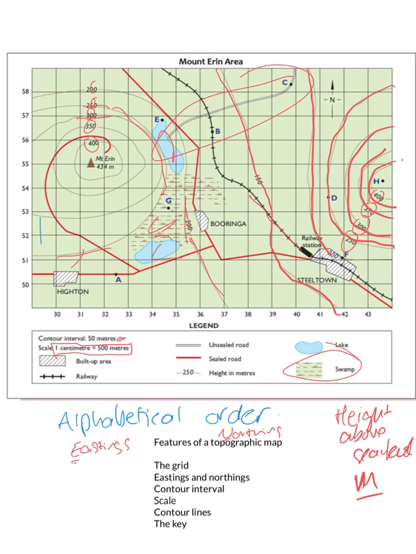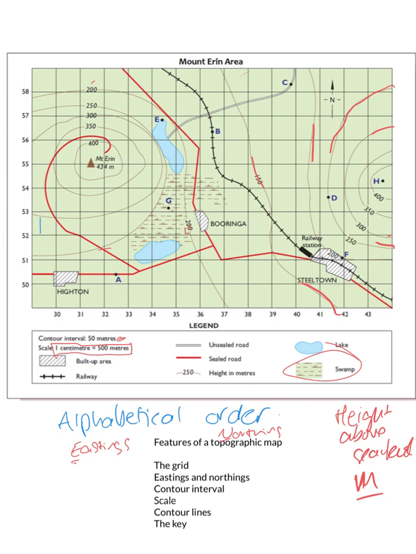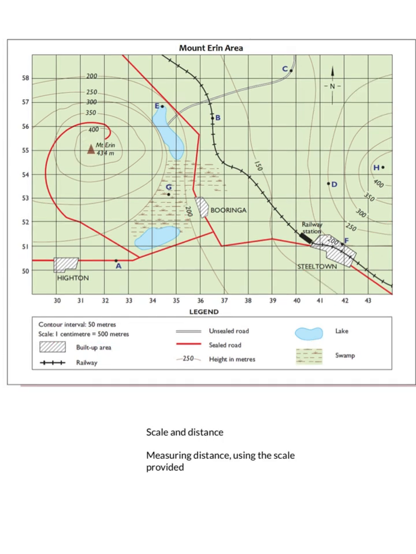One thing that is not on this key, but you will see on maps, is the little triangle, like the one here at Mount Erin. That is referred to as a trig station, and that is the highest point on a map. Mount Erin, 334 meters, is the highest point on this map.